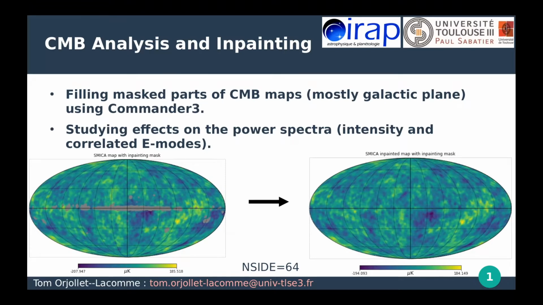More precisely, I'm interested in the effect of inpainting on the intensity power spectrum and the correlated part of E modes, which is correlated with the intensity, so the temperature.